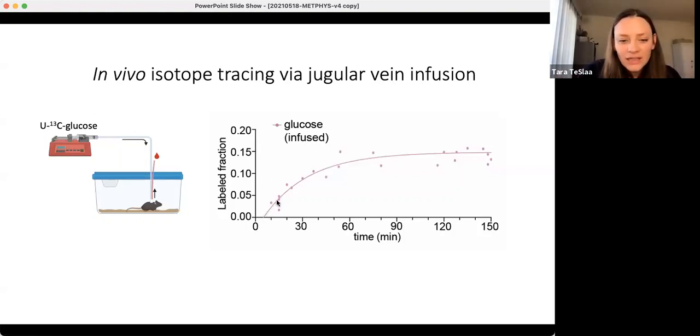And so what we can see is that the labeled glucose appears in circulation. This is the labeling in the blood that I'm showing here over time. And because we infuse at a constant rate, eventually this labeling will reach steady state. And we generally do these infusions for 2.5 hours.